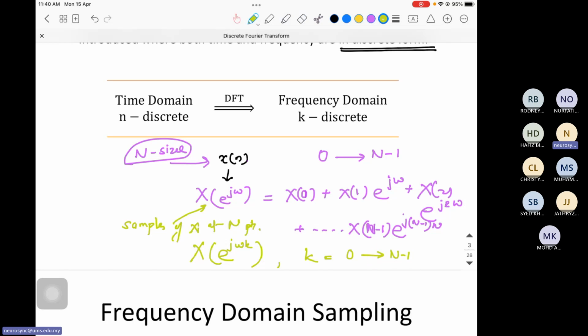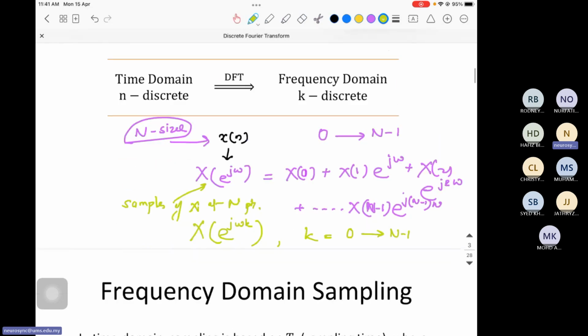Instead of each value, I can say this is k times omega. And k here is an integer, so you have to remember that. Now we said that we have a region for omega from 0 to 2 pi.